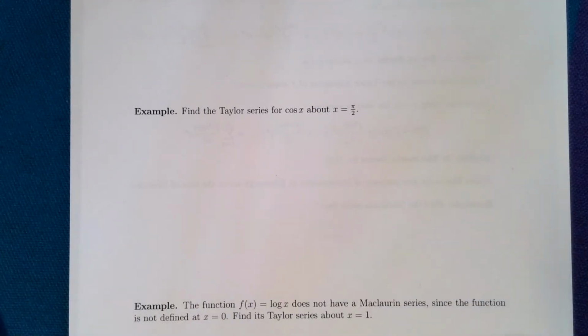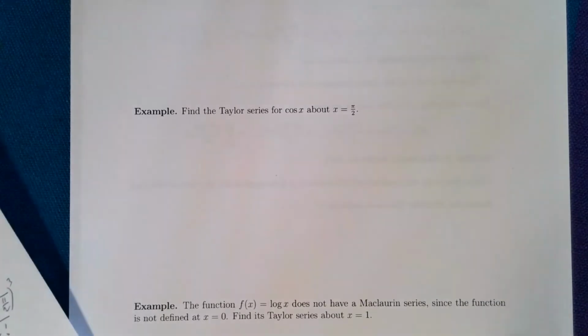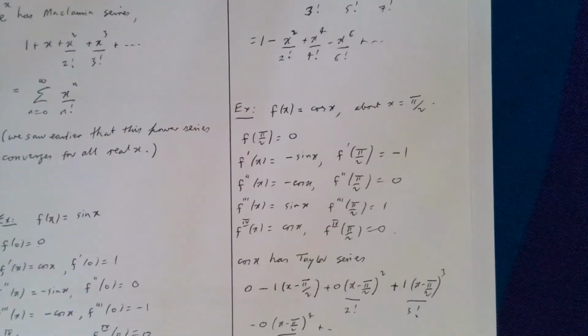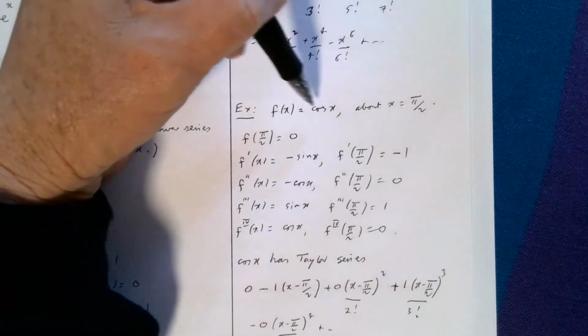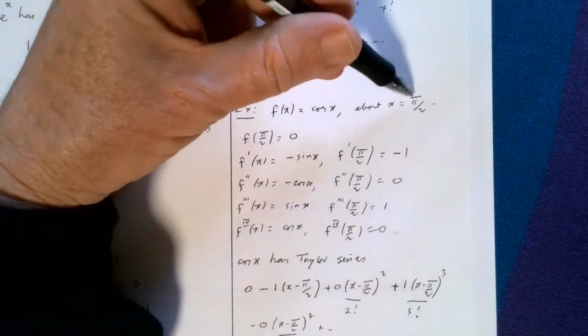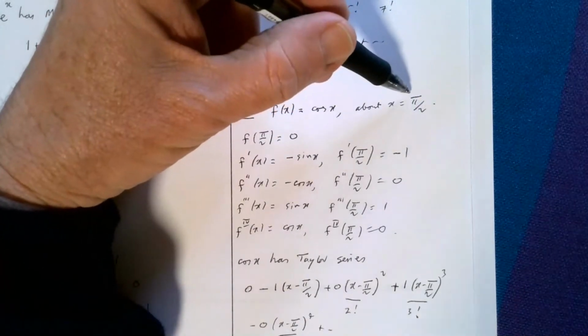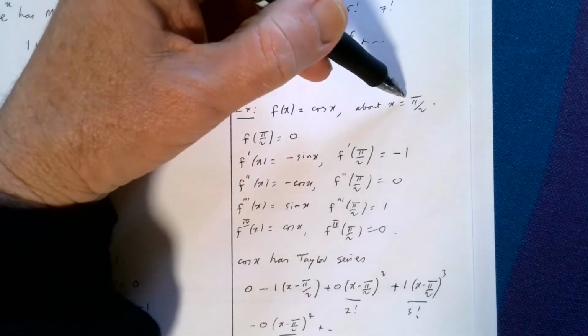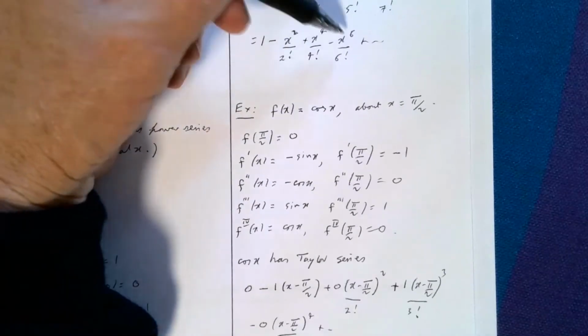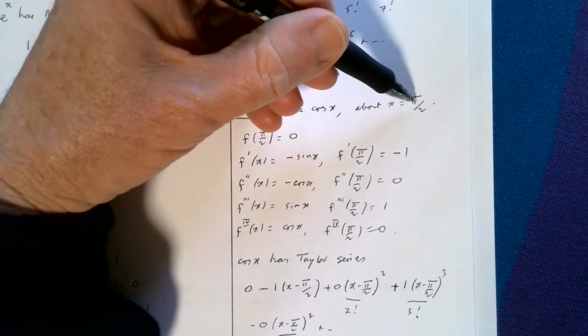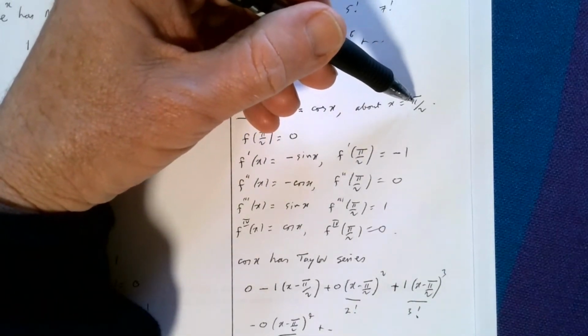These are not quite so pretty, and I'm not going to do too much on these here. So we're going to take the function cos of x and we're going to expand it about x equals pi on 2. What that means is we're going to get an infinite polynomial in powers not of x like we did here, but in powers of x minus pi on 2.